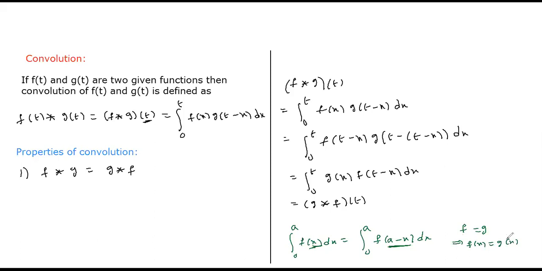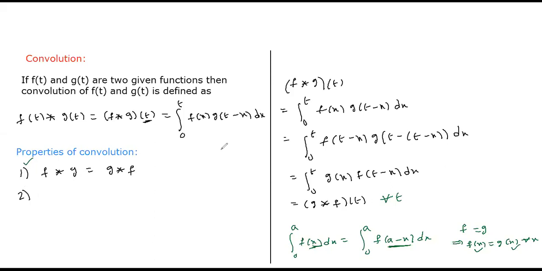Whenever the outputs of the functions are the same for all x, we say the two functions are the same. So f convolution g at t equals g convolution f at t for all t. Therefore, I can simply say that f convolution g is equal to g convolution f.